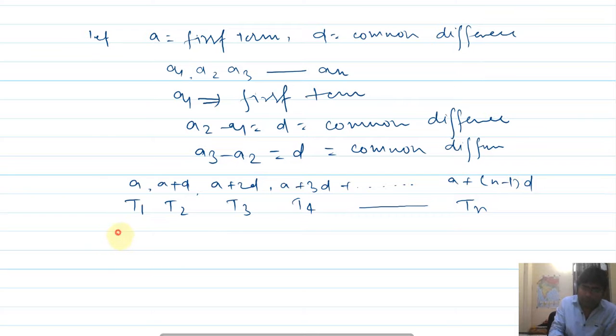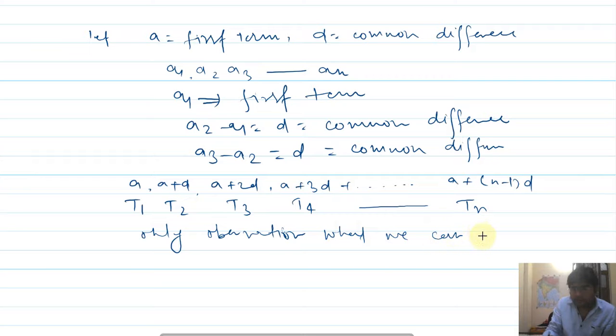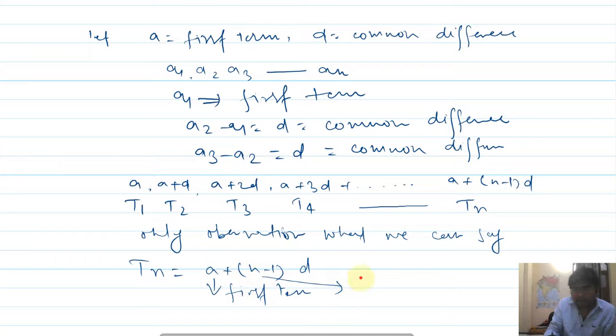So for observation only, what we can say: tn is a plus n minus 1 into d, where a is the first term, n is the number of terms, and d is the common difference.